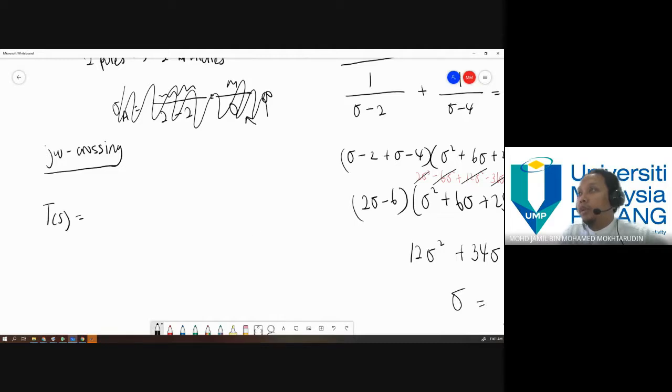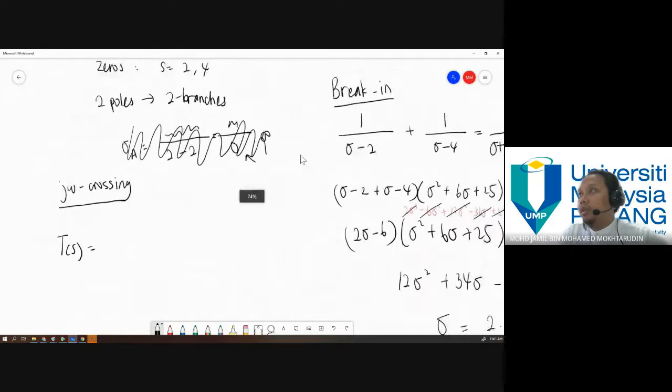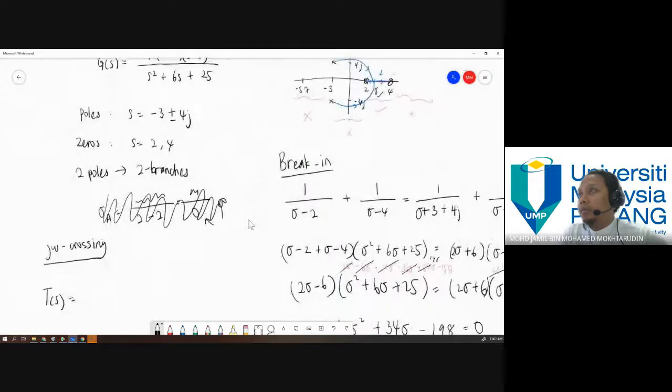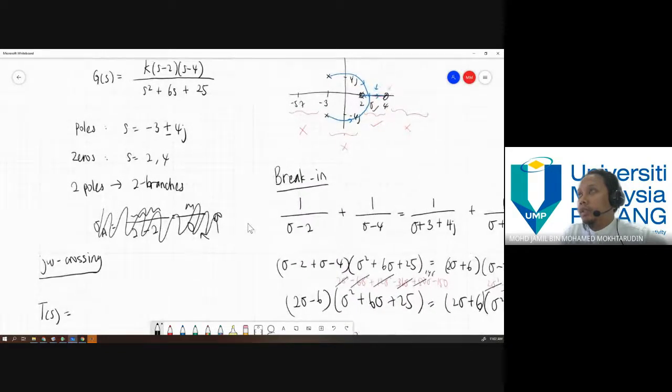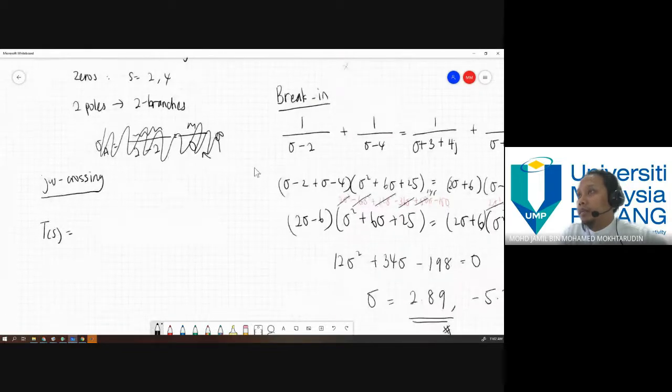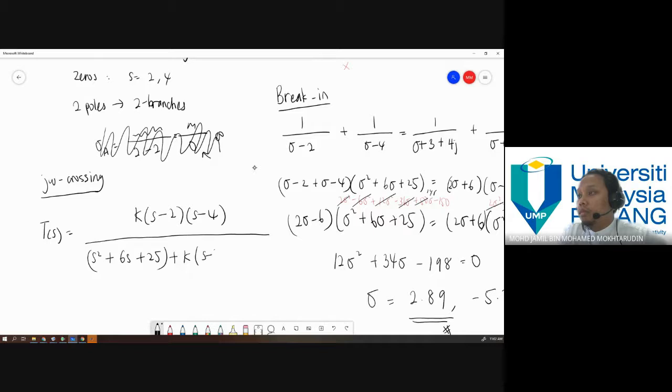It's a unity feedback, so you can determine the closed loop transfer function just by looking at G(s).